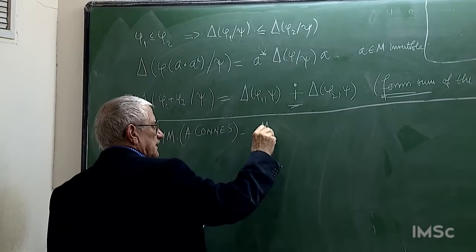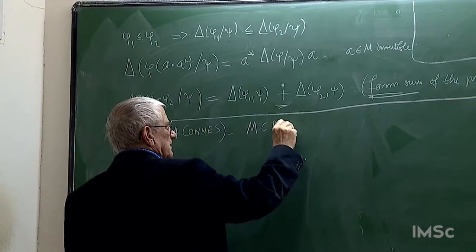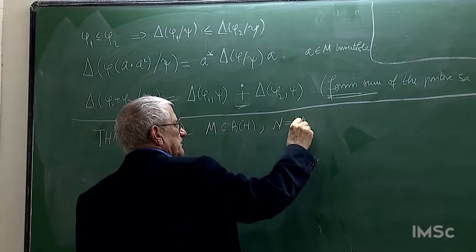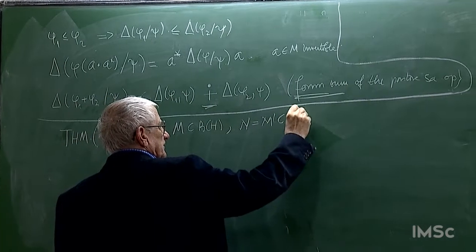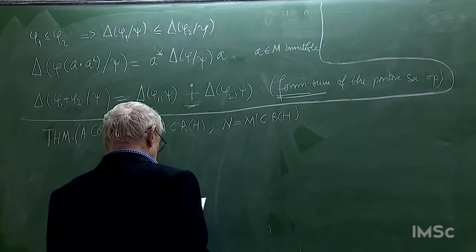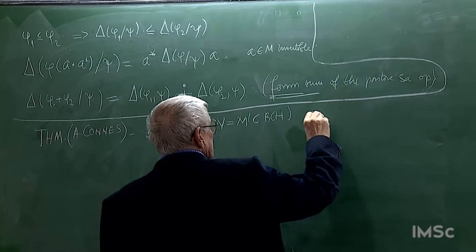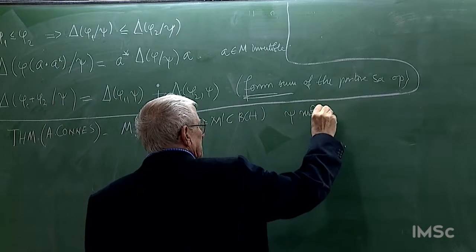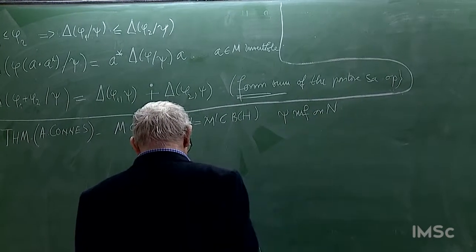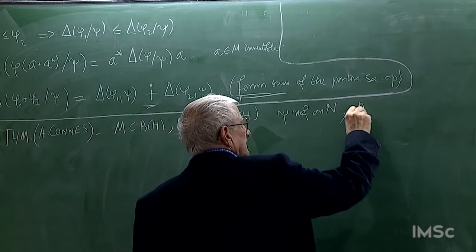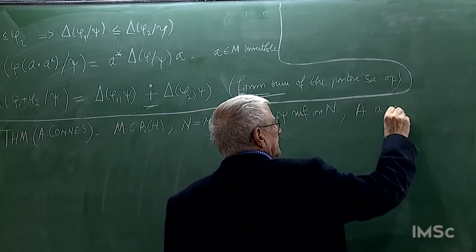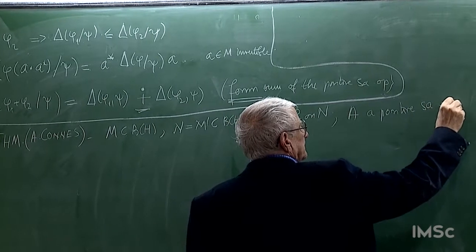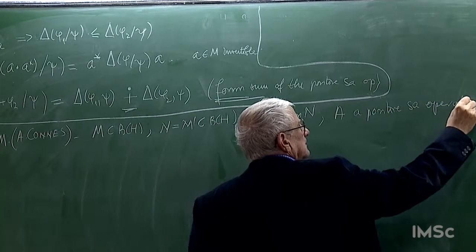You have M in B of H. You have N equal to M prime in B of H. You have psi, an NSF weight on N, and A, a positive self-adjoint operator in H.